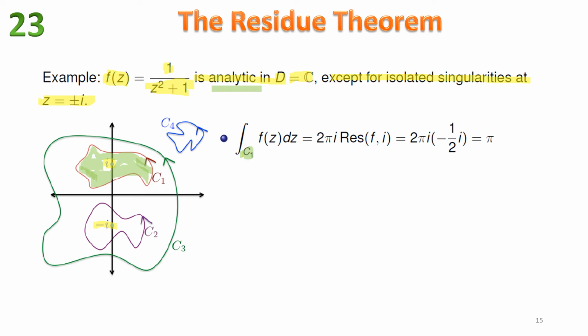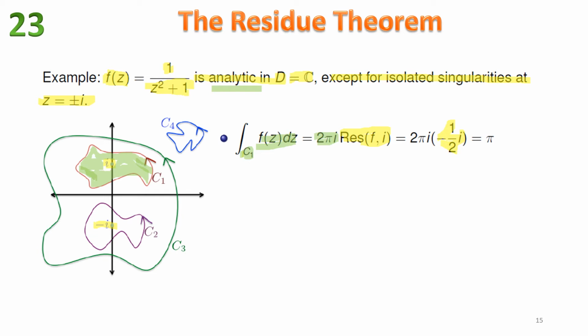Now, by our residue theorem, the integration of f(z) dz over C1 is equal to 2 pi i times the residue of the same function at point i. We have already calculated in one of the earlier slides that it is minus i by 2.